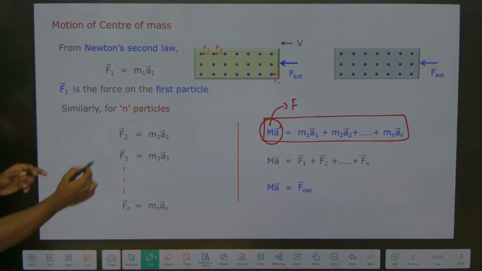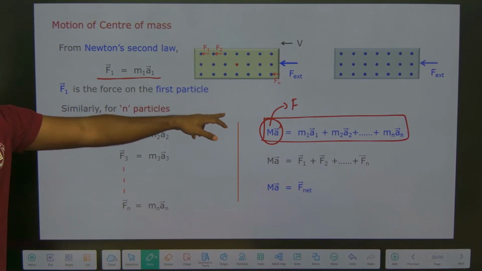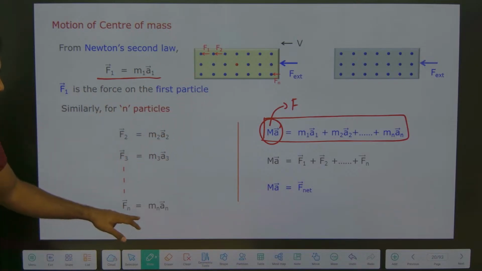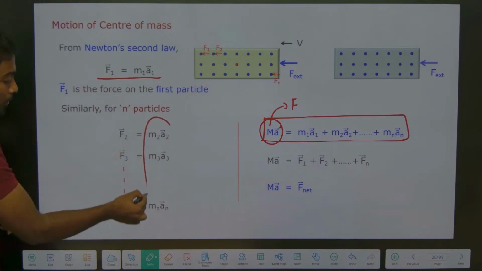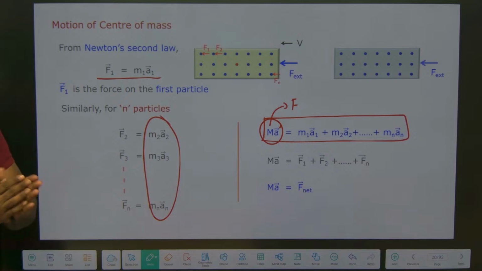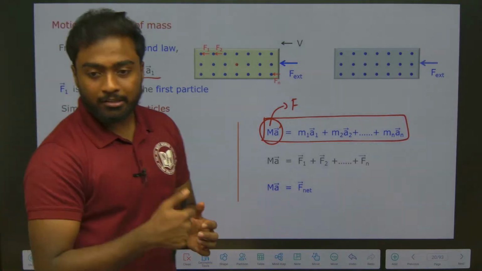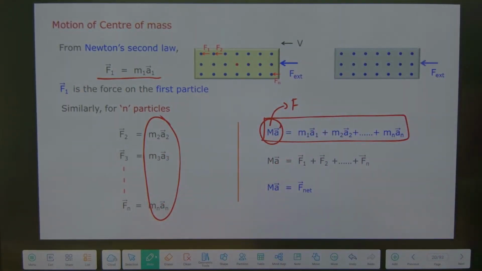So F1 is equal to m1 a1, where F1 is the force of the first particle. What about F2? Force of the second particle. Fn is the force of the nth particle, right? So if I add everything, what will I get? The sum of the force of every particle, which is nothing but the force of the rigid body, right? Now take it.